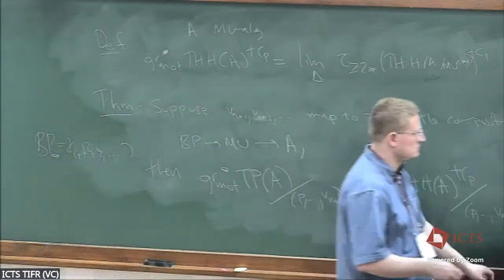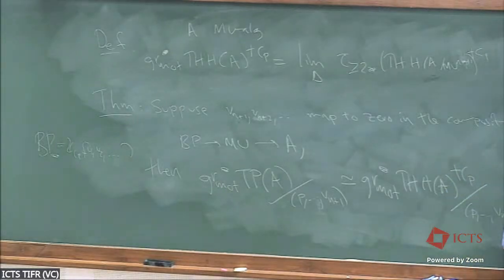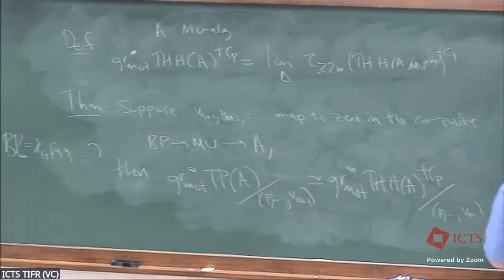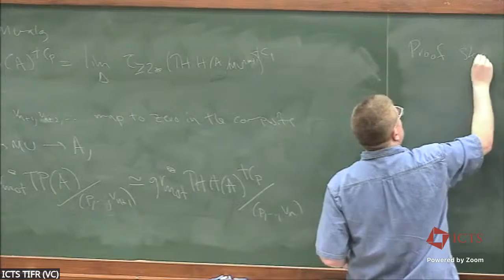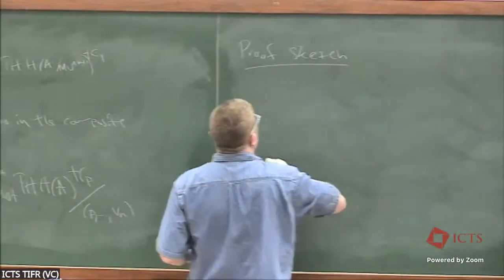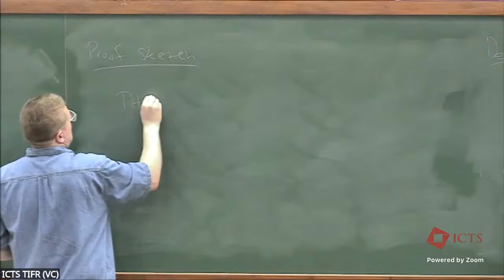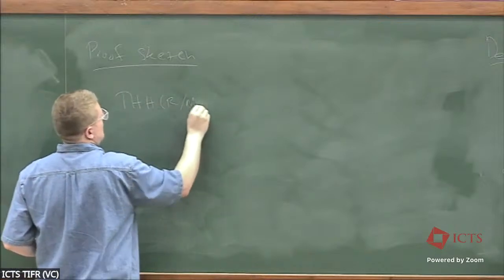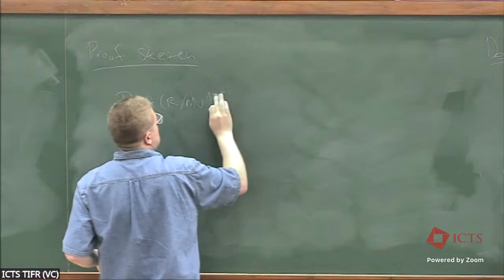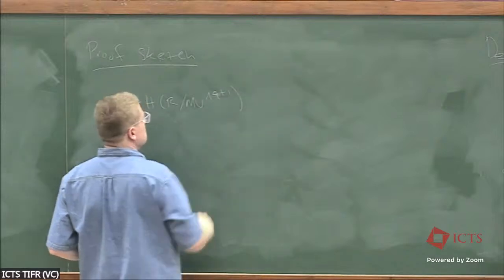So the idea, let me just sketch the proof. You start with THH of R, MU smash bullet, let's say smash Q plus 1. So that's going to be an MU-module.